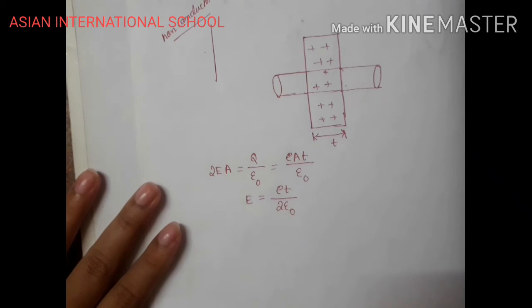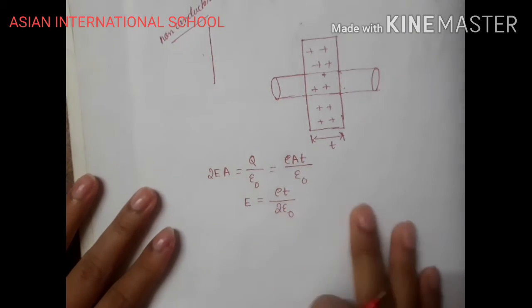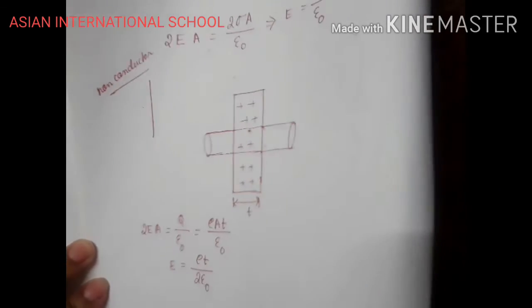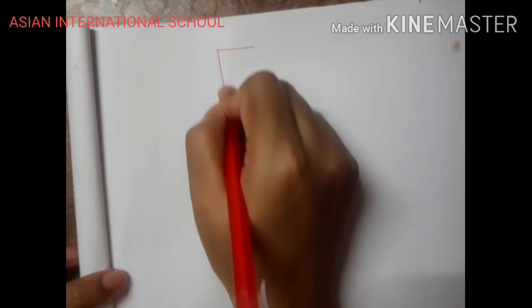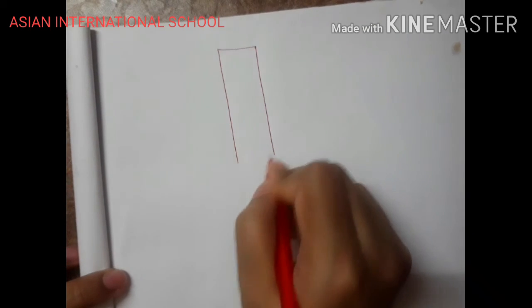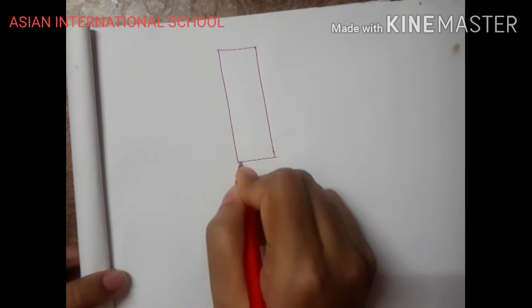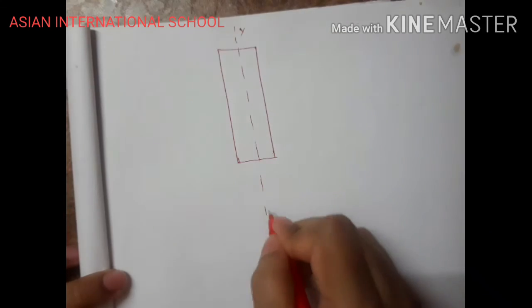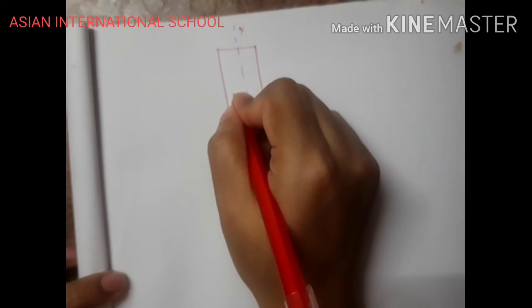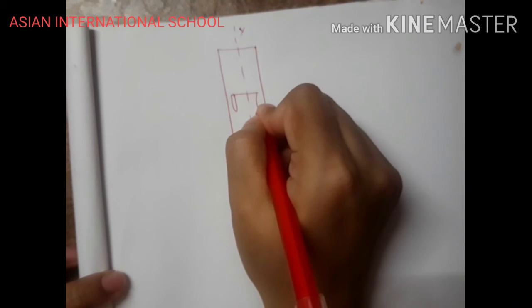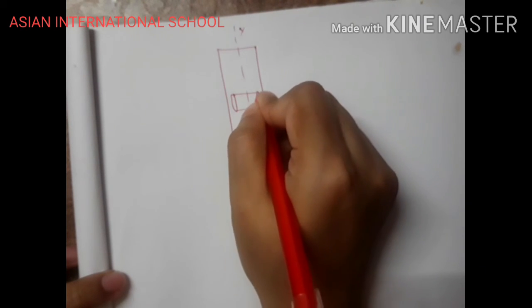But now if I have to consider it inside the sheet, suppose this is my non-conductor sheet, and I have drawn a central axis y dash through this, and this is my imaginary Gaussian surface.